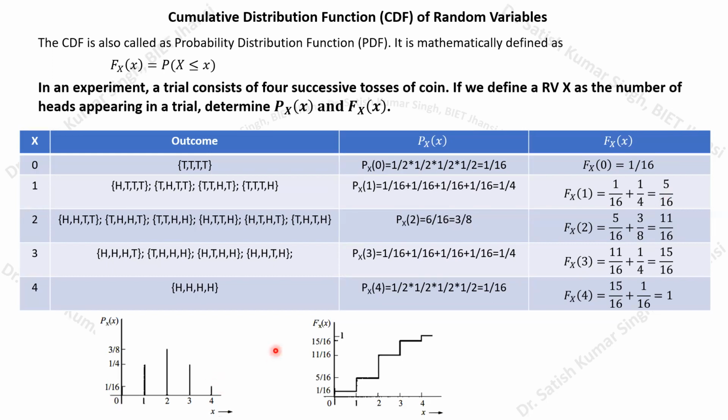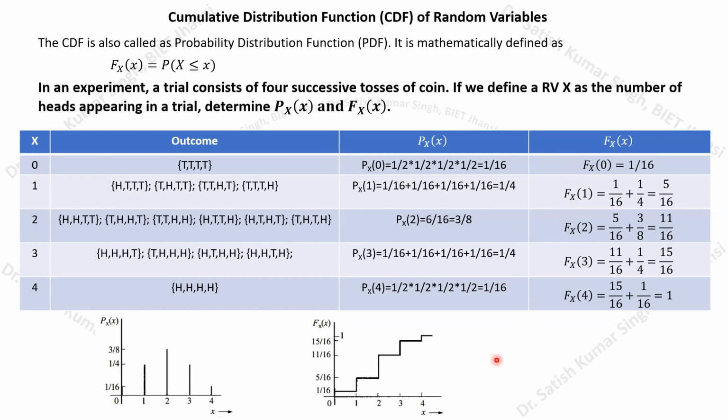Similarly, we can also plot the cumulative distribution function. When we have F(0), it equals 1 by 16, and this 1 by 16 remains constant up to F(1). Once it is F(1), the probability of getting X equals 1 is also added, and it becomes 5 by 16.